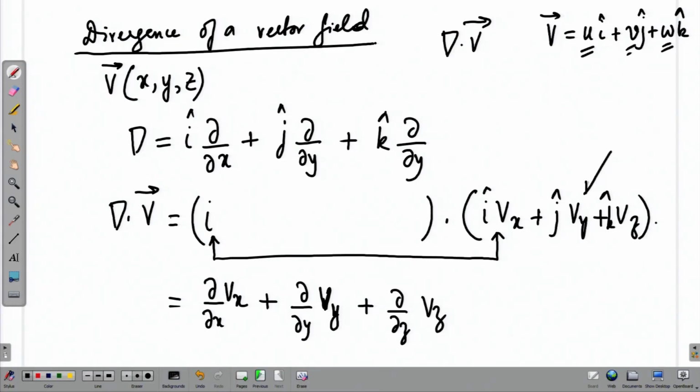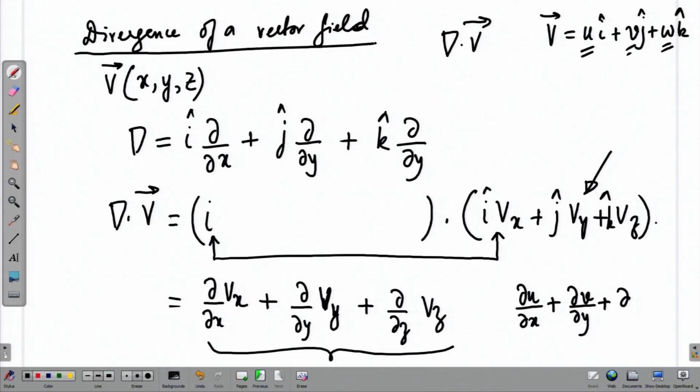Here the v vector is a general vector, so we have indicated the components as v x, v y and v z. So, finally, we get a result like this, which, if v was a velocity field, we would have written as del u del x, del v del y, del w del z.